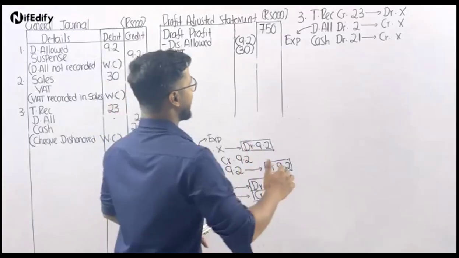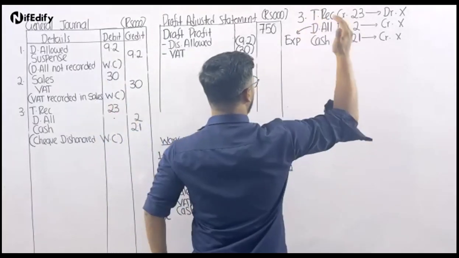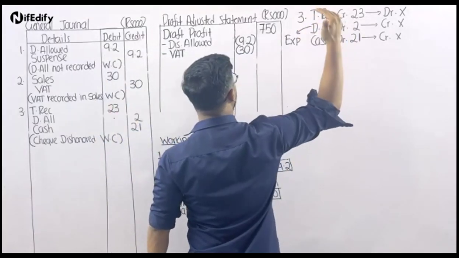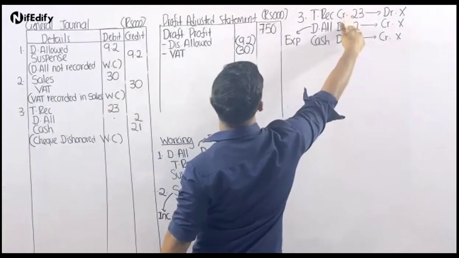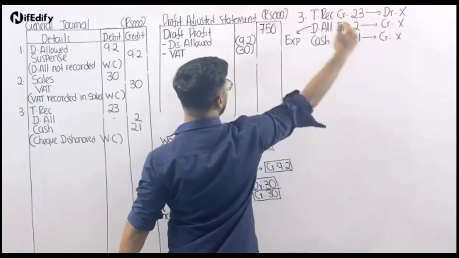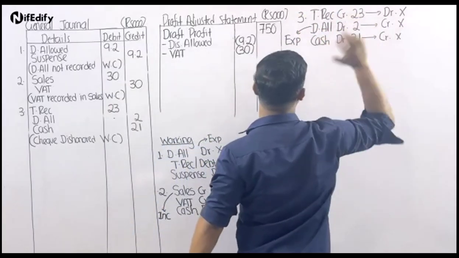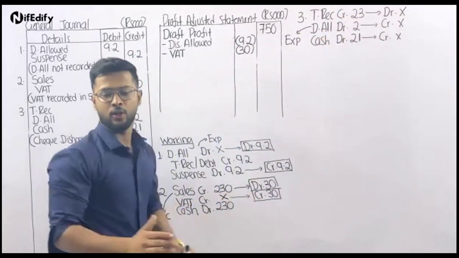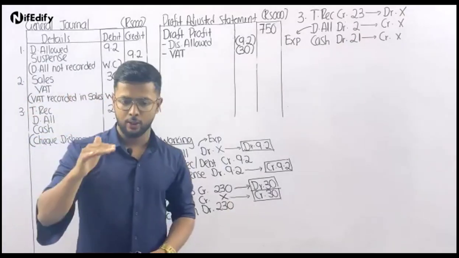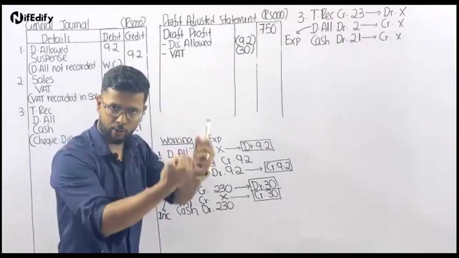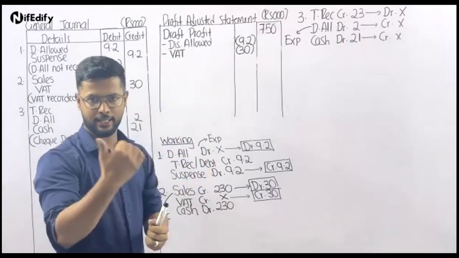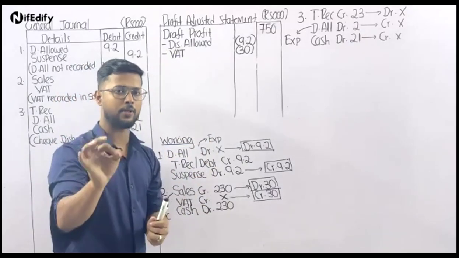So now you recorded 2000 as discount, but it should be reversed. To record that 2000 as discount allowed, your profit tends to come down. Let me tell you one more time.